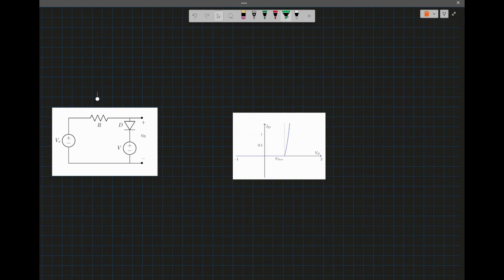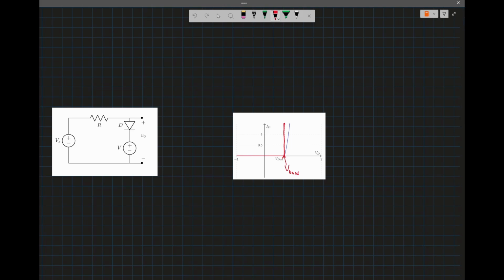What we wanted to do is to still make the approximation regarding when the diode is on and when the diode will be off. So that is the characteristic of the diode, and there's just a threshold voltage, that's what we call VD on.